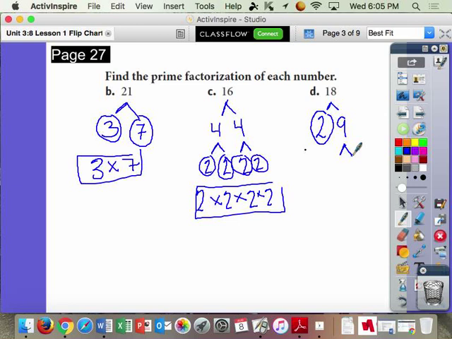And 9 is not prime. What two numbers multiply together to give you 9? 3 and 3. Awesome. So 2 times 3 times 3. This is the prime factorization of 18.